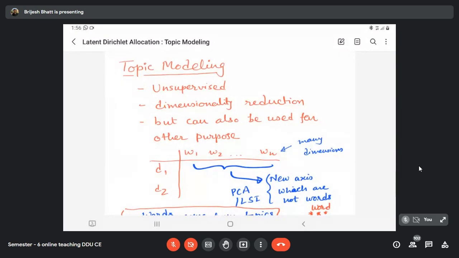So to give you an intuition, let's start with the original word document matrix, which we introduced in the latent semantic indexing discussion. We said that for indexing of documents, we maintain such a word document matrix where every word is a column and every document is a row. And we talked about the issue of dimensionality.